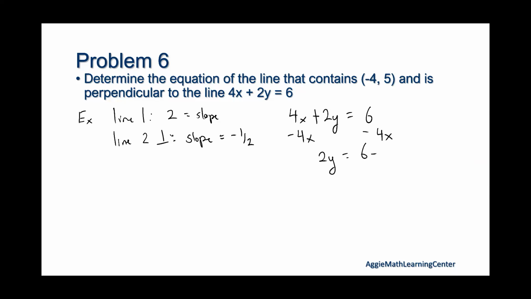Subtract 4x, divide by 2, y equals 3 minus 2x. So the slope of this line is negative 2, which tells me that the slope of the line we're after would be what? And I'll leave that up to you and give you a couple minutes to work.